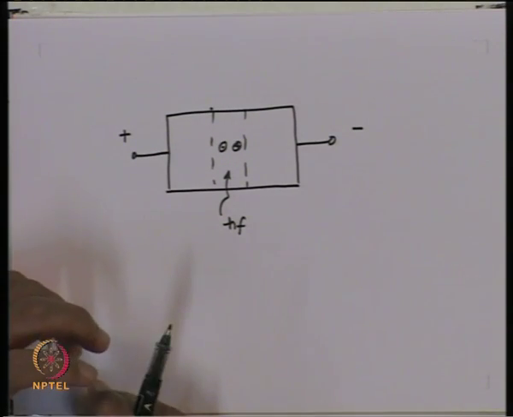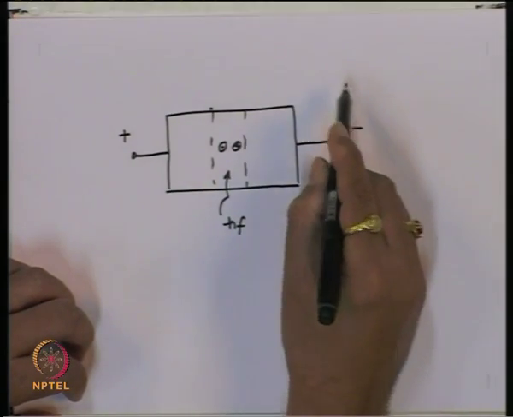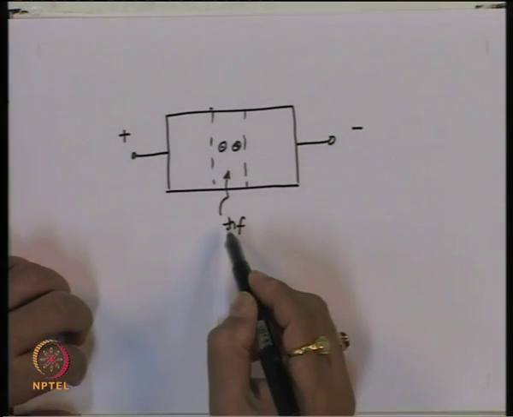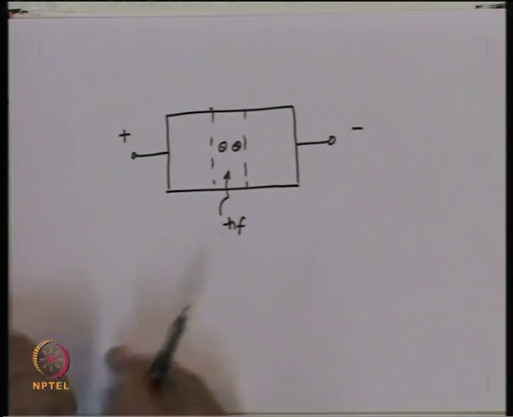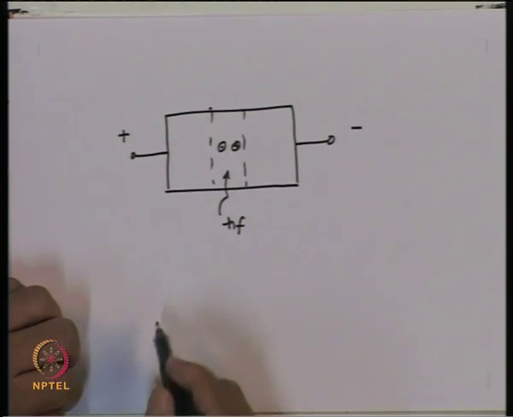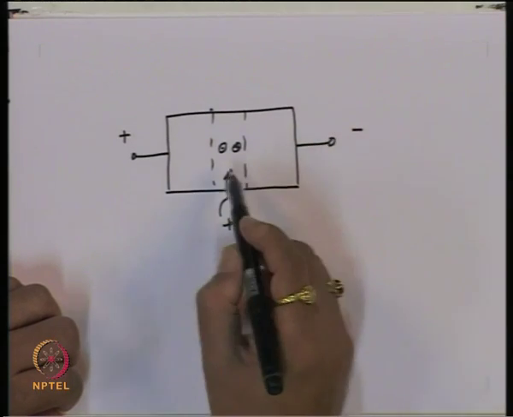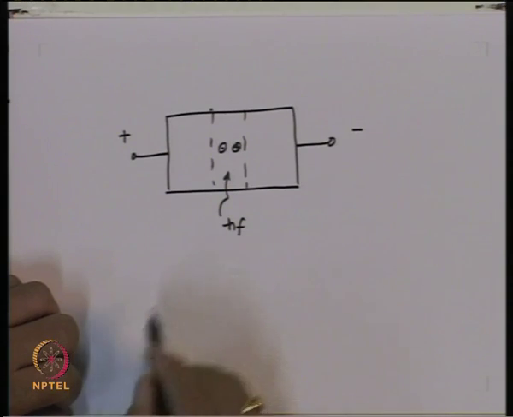So, now the reverse saturation current flowing in the PN junction, added with the photo excited carrier current, or what is called the photo current, is the one which is useful, because this photo current will be proportional to the photon flux incident on this device.